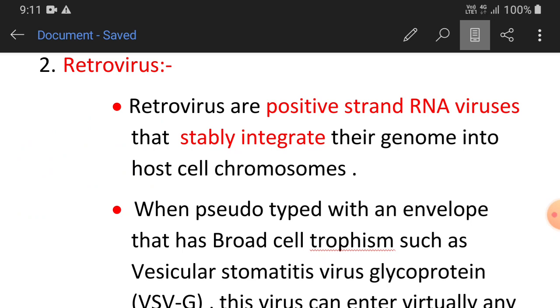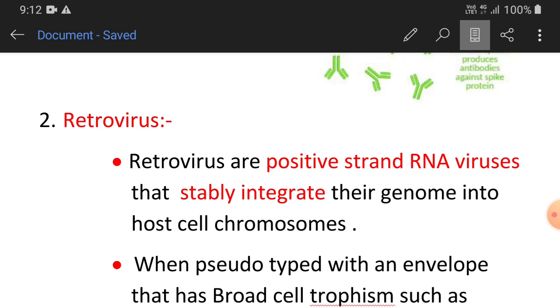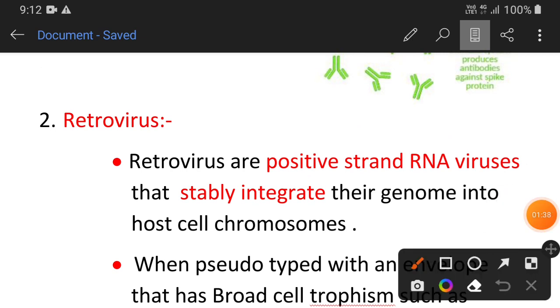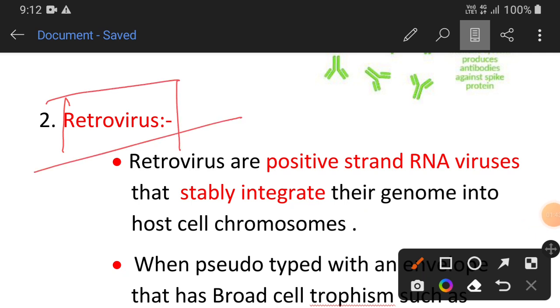That means it is not integrating into the host genome, and that was the reason why adenovirus provides only transient expression. So in this video lecture we are going to discuss the retrovirus based vector. That vector will solve the problem.